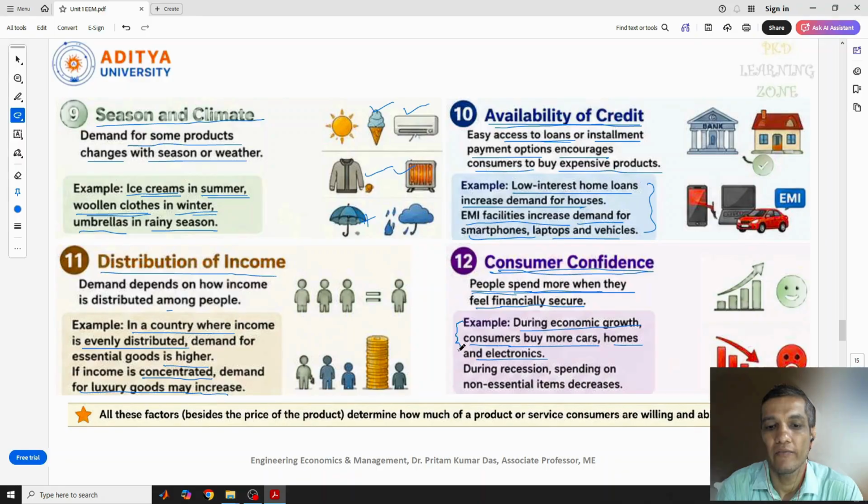Some people have invested in the share market. If the share market is good, they will have a good amount of profit, and by that they can invest in cars, homes, or electronics. But during a recession, spending on non-essential items decreases. That is called consumer confidence. When they feel confident, they can invest in some products.